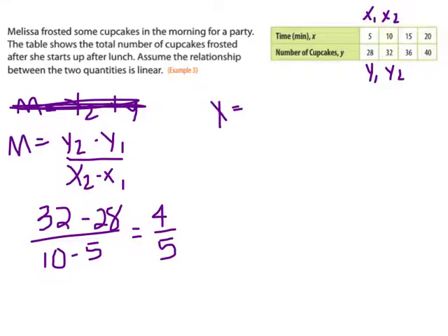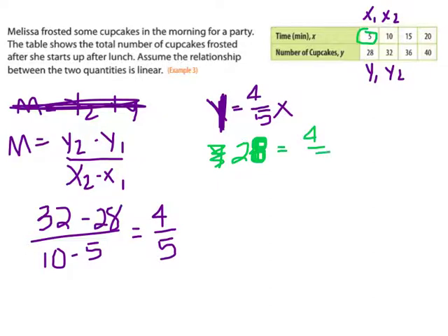So if I take that and plug that in, 4/5 x, we don't know what b is, so we're going to take one of these values, so we'll take the 5 and plug that in for x and see what we get for y. We want it to equal 28.